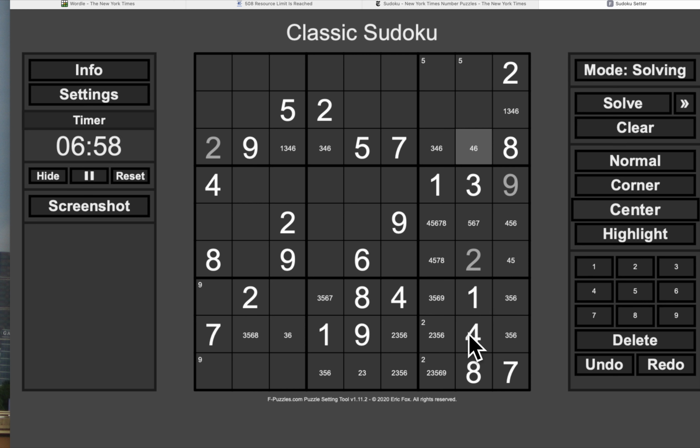Oh, and that's a 4, which this cannot be 1, 2, 3, 4, 5, 7, 8, or 9. Okay, so that's a 4, which has been shouting at me the whole time. That's actually a 6. So that's not 6. So this is 5, 7, and 9.